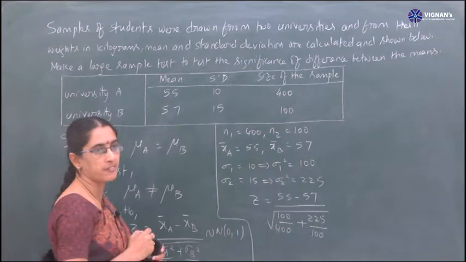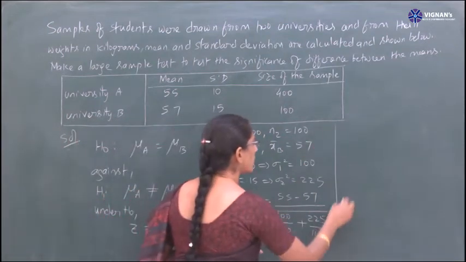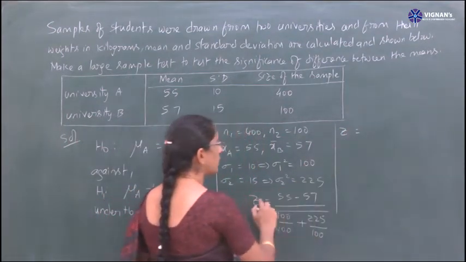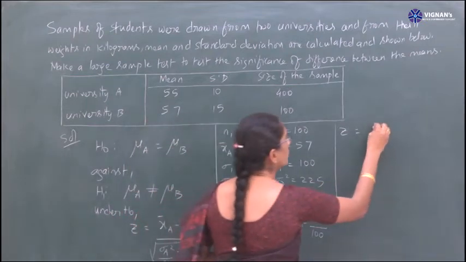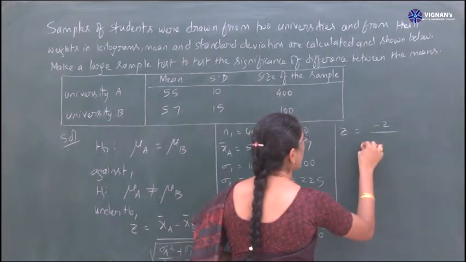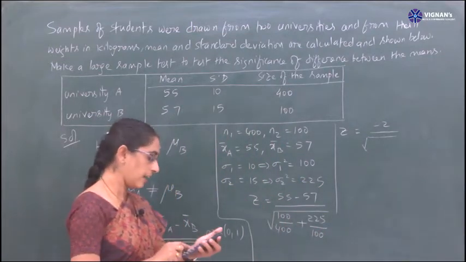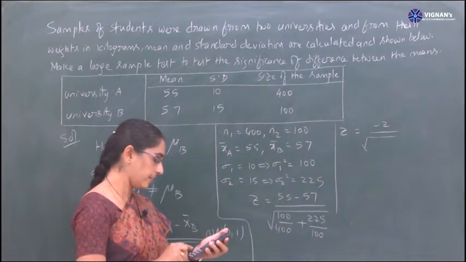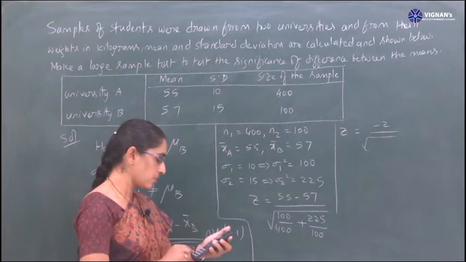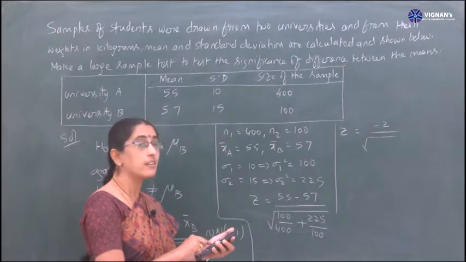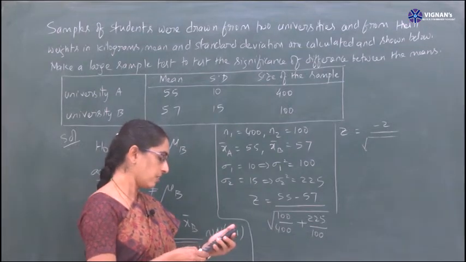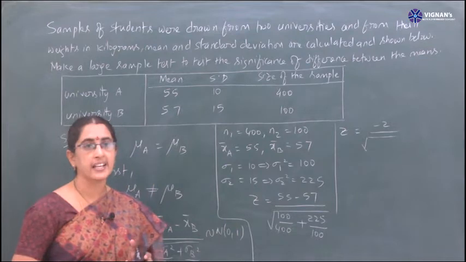Now we have to simplify this. So the z value will be, in the numerator, minus 2 by square root of 100 by 400 plus 225 by 100, right? Then the square root of that will give you the answer 1.5811.